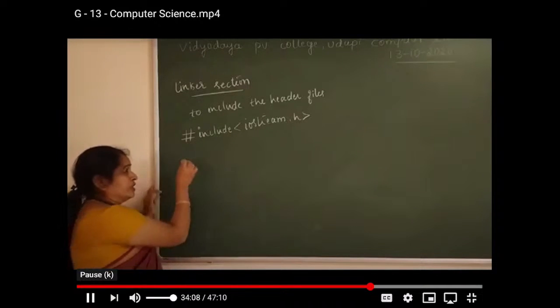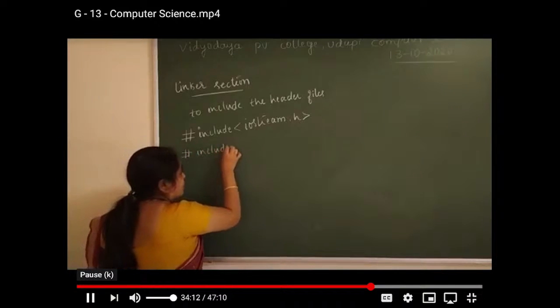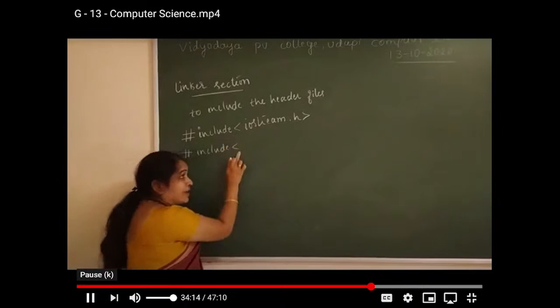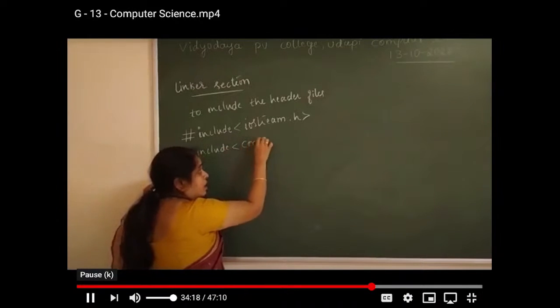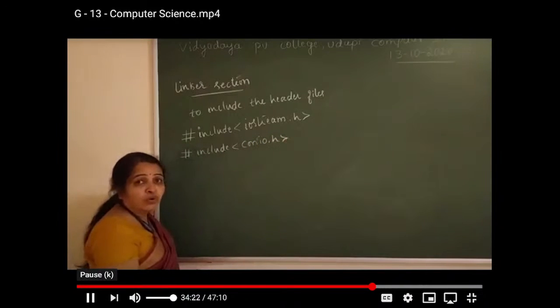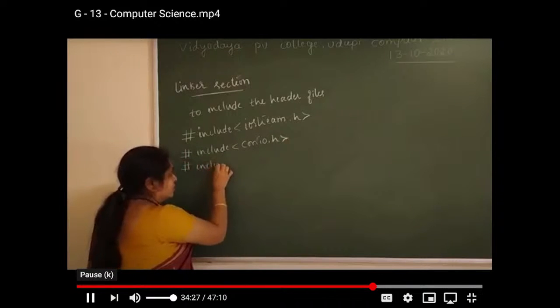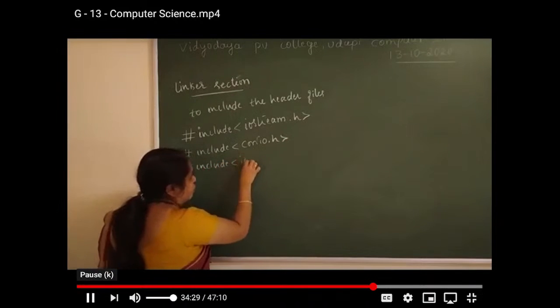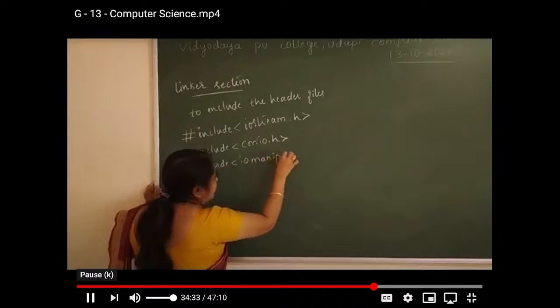One more is hash include, then again the angle bracket, conio.h. Again hash include iomanip.h.